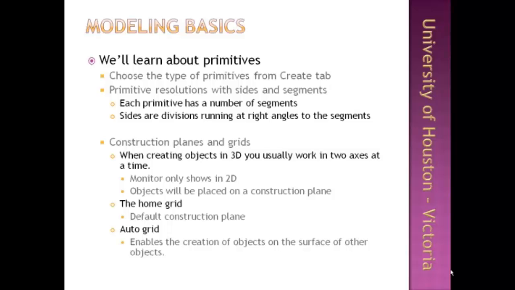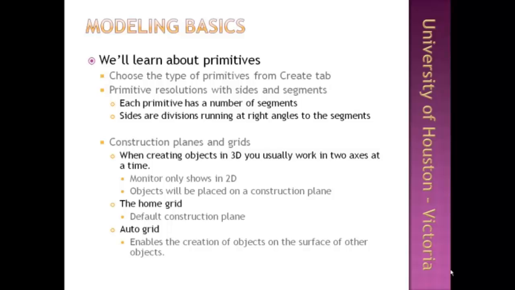When the object is created in a viewport, usually it will be placed on a construction plane, which is designed by the grid lines running through a viewport. The default construction plane is the home grid, which is made of the world coordinate XY, XZ, and YZ planes. The intersection of these three construction planes creates the origin of your world space.